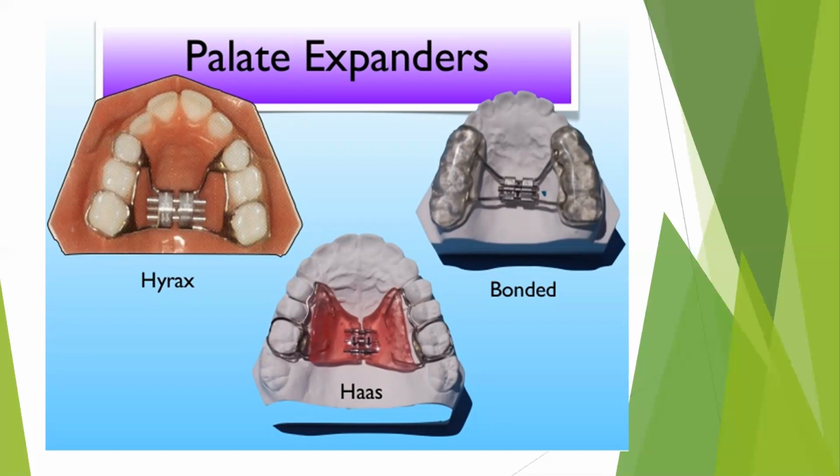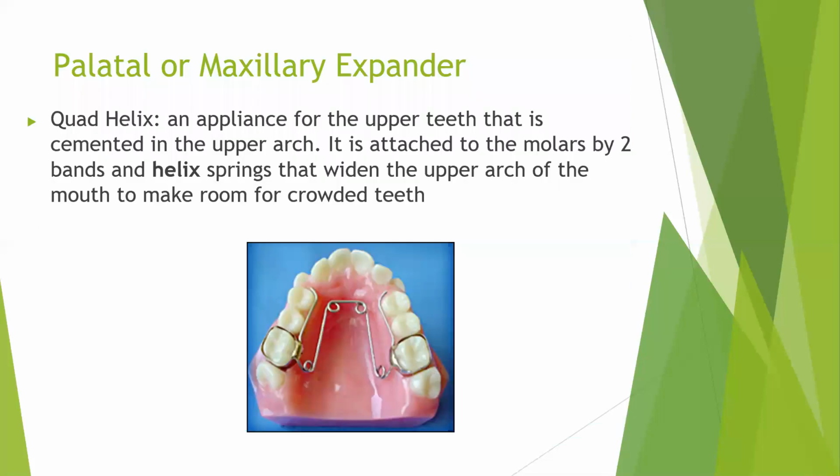And then the Haas appliance is an acrylic appliance that's put on the front, and you can see that all three of these expanders have a key, meaning an appliance in the palate area that can be opened. You see an arrow that's in the jack screw area, and the appliance is moved with a key that moves in the direction where the key is shown, or the arrows are shown.